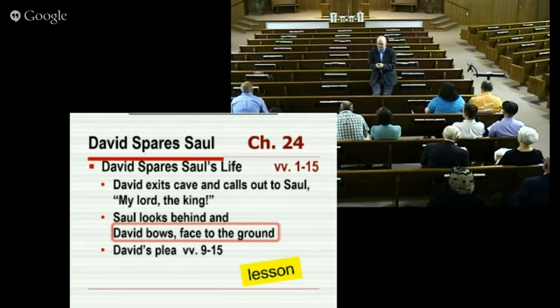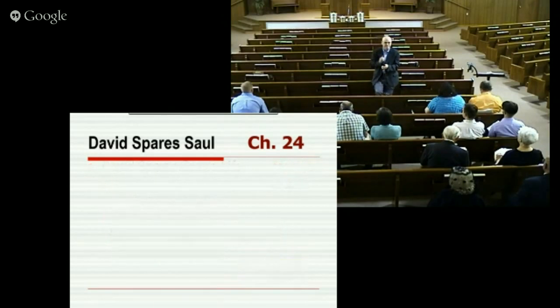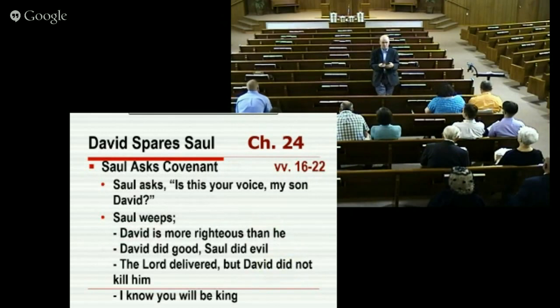And that's how Saul reacts. Is that you, my son David? Look at Saul's reaction, recognizing that David is more righteous than he is. What is Saul trying to do?